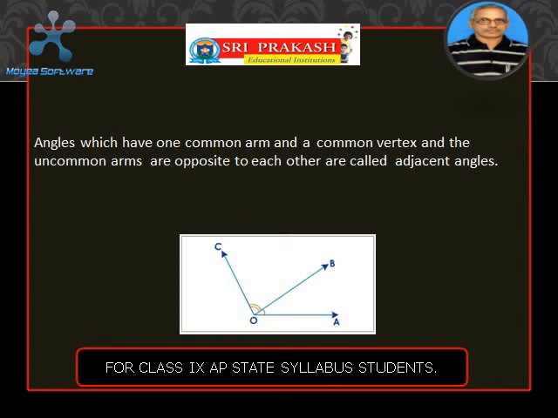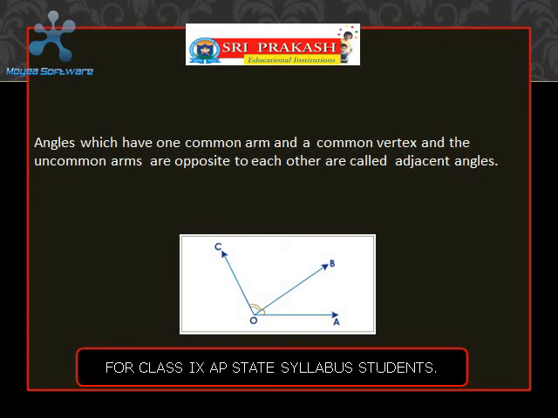And they have a common vertex. What is it? O. O is the common vertex and OB is the common arm. And OA and OC, the two uncommon arms, are opposite to each other. So, angle AOB and angle COB are called adjacent angles.